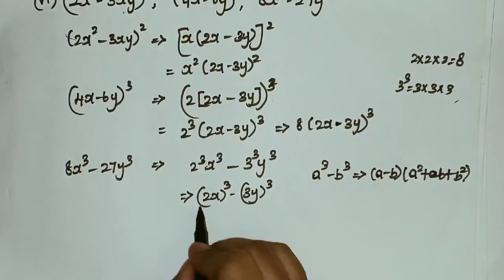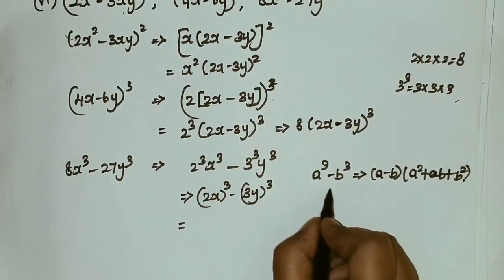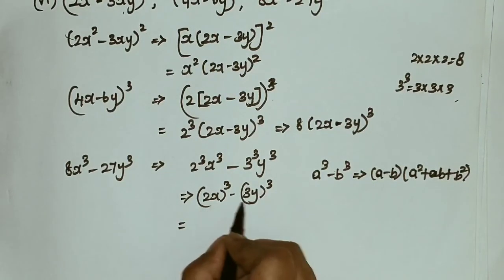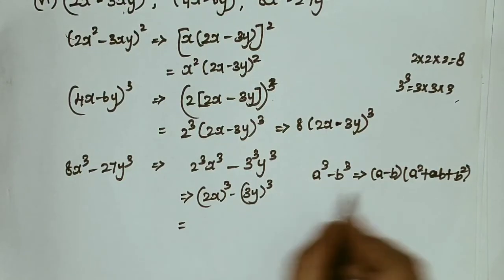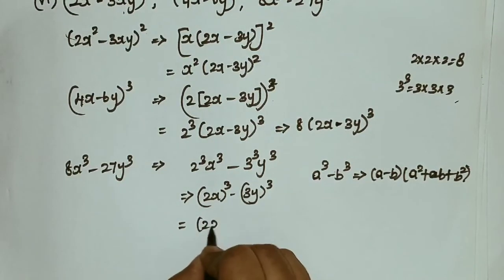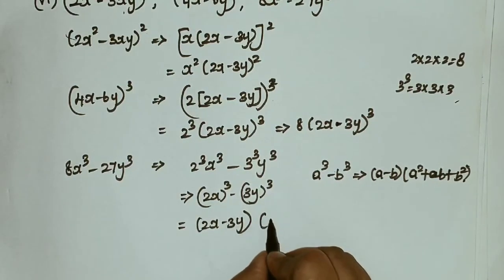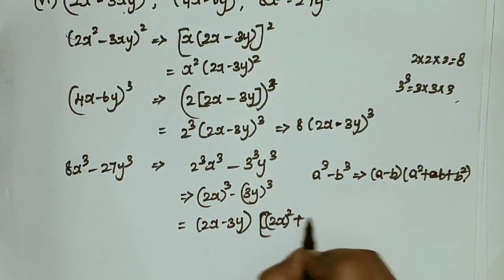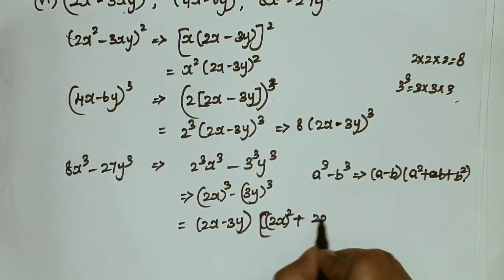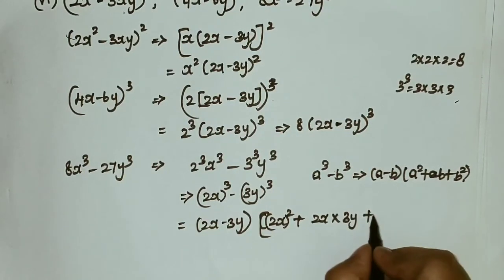In the place of a, it is 2x here. In the place of b, it is 3y here. I'm just using this identity. A cube minus b cube, that is 2x cube minus 3y cube, is a minus b, that is 2x minus 3y, into a square, that means 2x whole square, plus what is your a? 2x into what is your b? 3y, plus what is your b square?